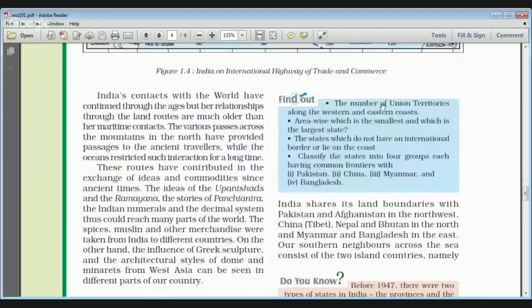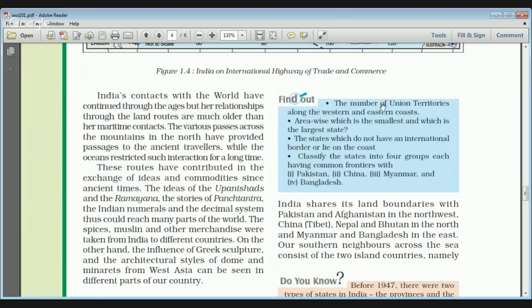India's contact with the world has continued through the ages, but this is a very important fact: India's relationship through the land routes was much older than our maritime contacts. There are various passes present in the Himalaya region, and these passes provided the route for foreign travelers and foreign invaders.